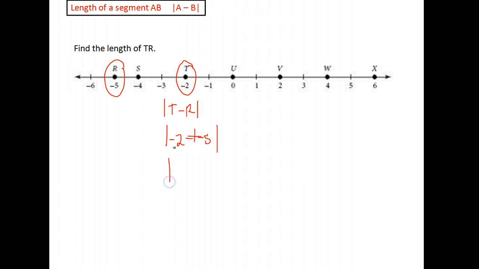That's one of our rules. And then we have negative 2 plus 5 is 3. The absolute value of 3 is just 3. Again, this one would probably be far easier to just go from R to T and count the spaces. There's 1 space, 2 spaces, 3 spaces on the number line.